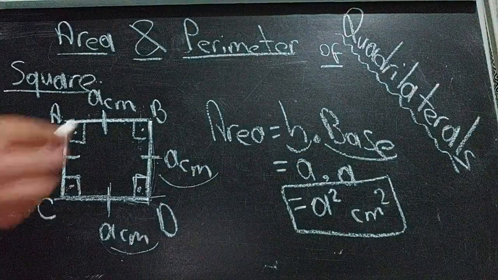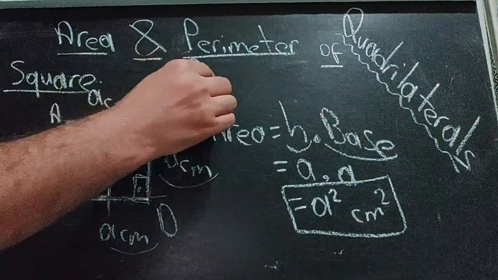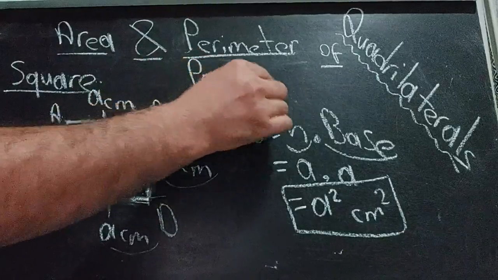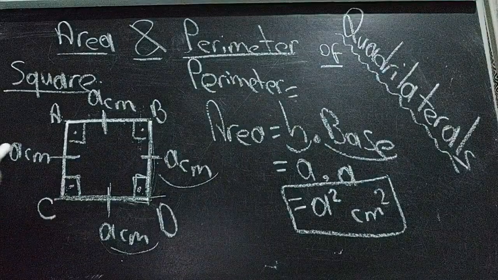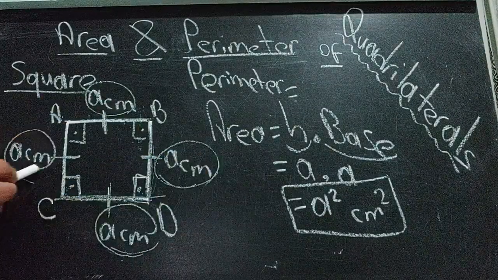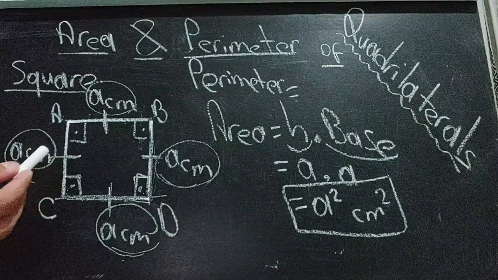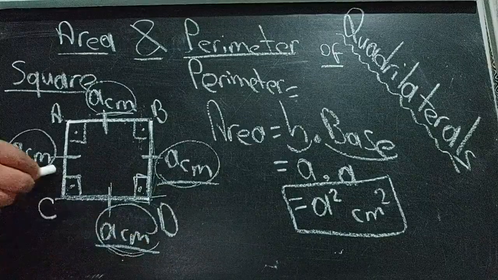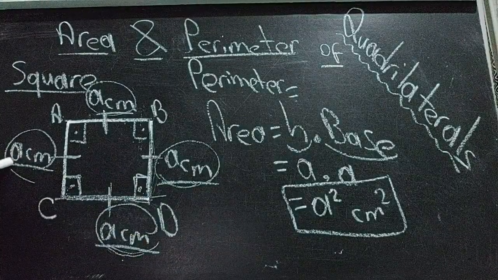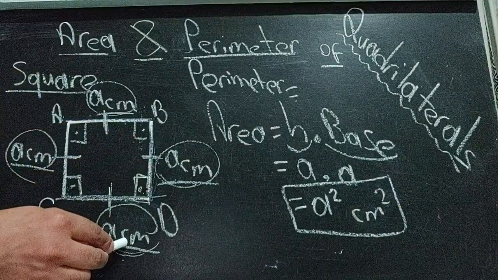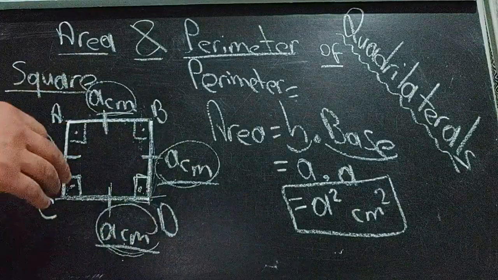So for perimeter, the perimeter is the sum of length of sides of the shape. According to that information, I'm going to add A to A to A and to A. That will be A plus A plus A plus A, which is 4A.